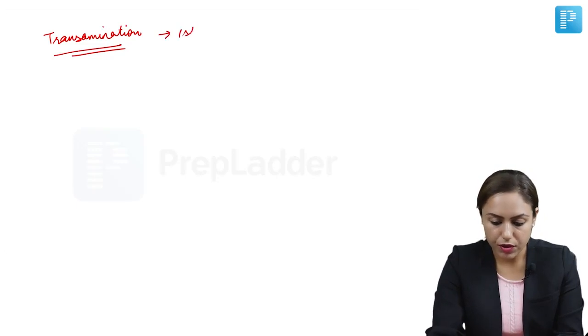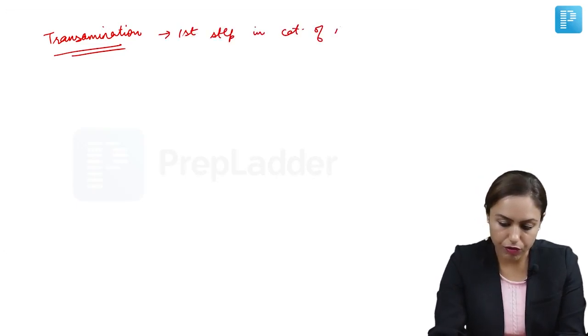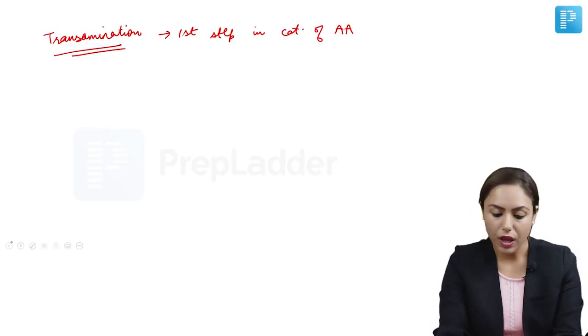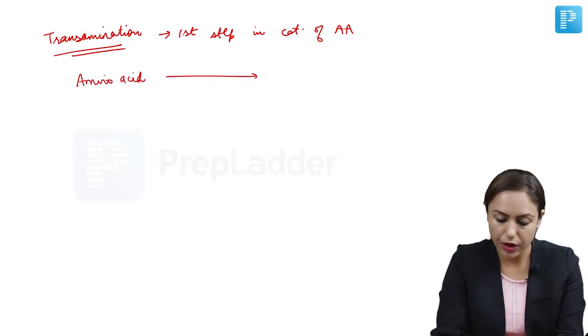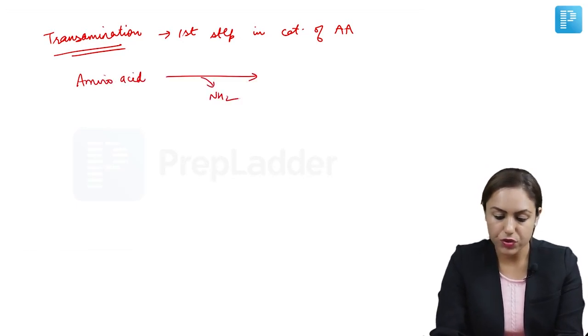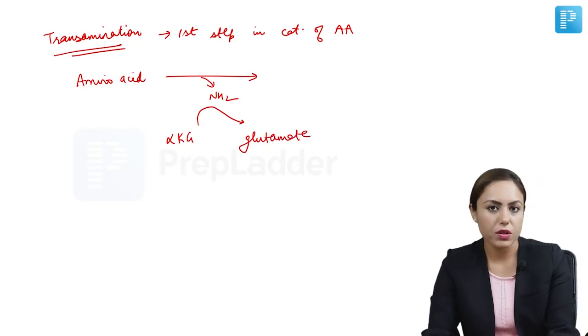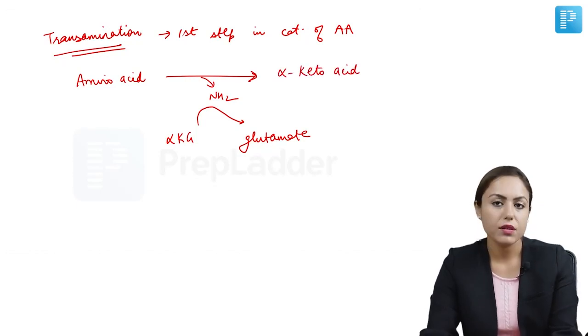Then next we will be doing transamination. This is the first step in the catabolism of all the amino acids, right? So what happens is that the amino group is removed from the amino acid, and this amino group will be taken by alpha ketoglutarate and glutamate is formed. Okay, so the amino acid will be converted to its alpha keto acid, right?